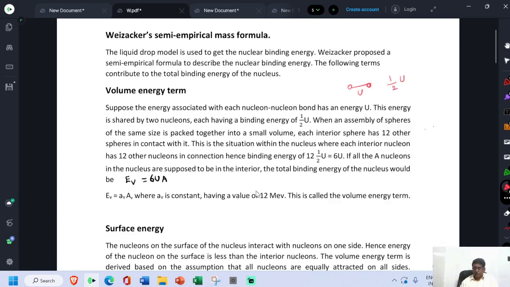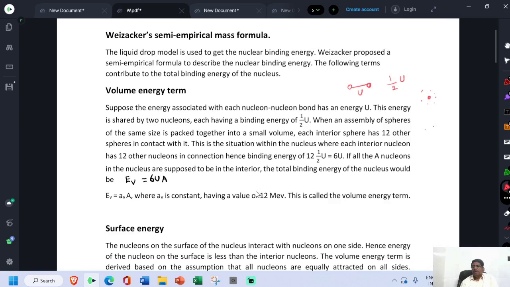If you consider a nucleon present inside the nucleus, this is called an interior nucleon. This nucleon is surrounded by 12 other nucleons.